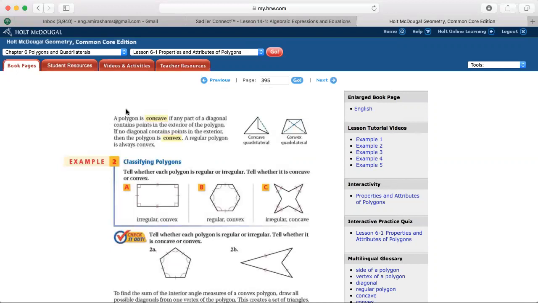Okay. A polygon is called concave if any part of a diagonal contains points in the exterior of the polygon, like this one.